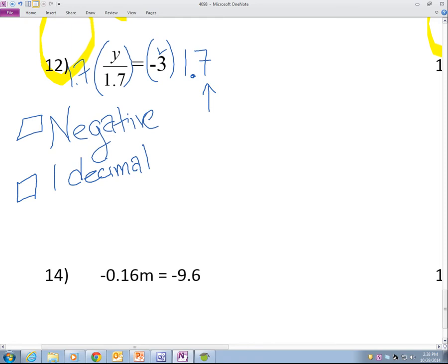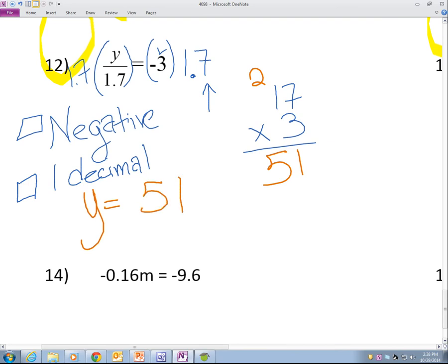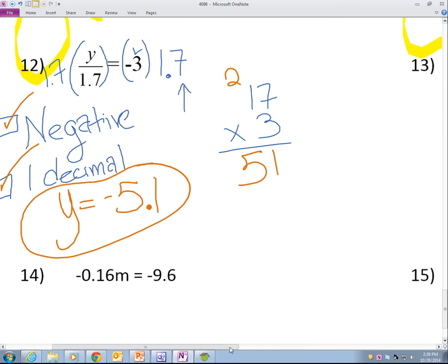Let's set this up. 17 times 3, because I ignore the decimals, they go on vacation until the end, which comes out to be 1, 2. So now it's y equals 51. I have to make it negative 1 decimal. Y equals negative 5.1.